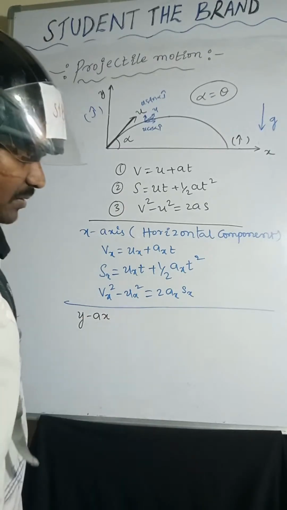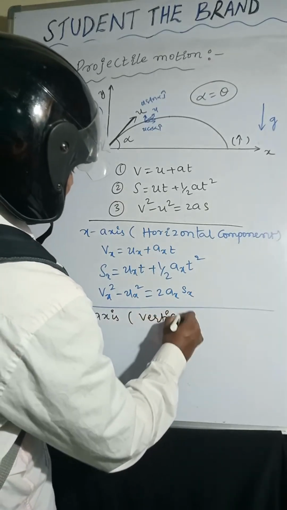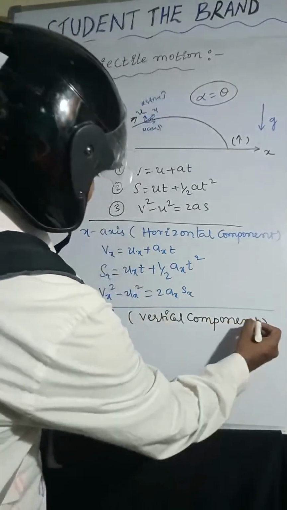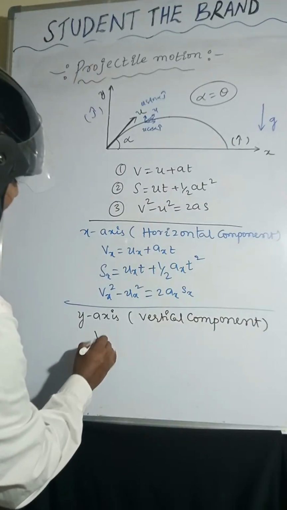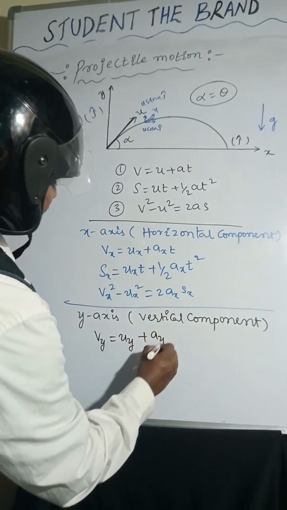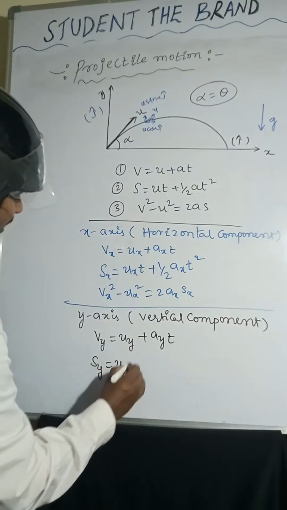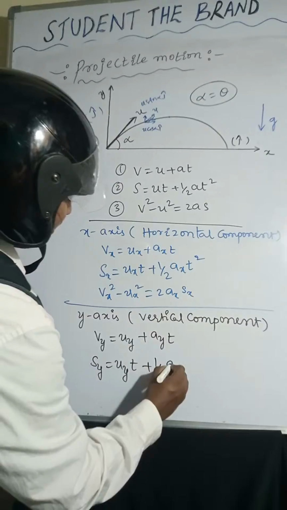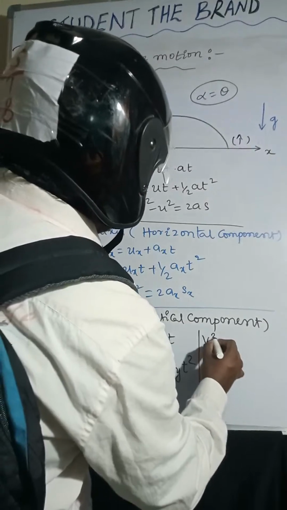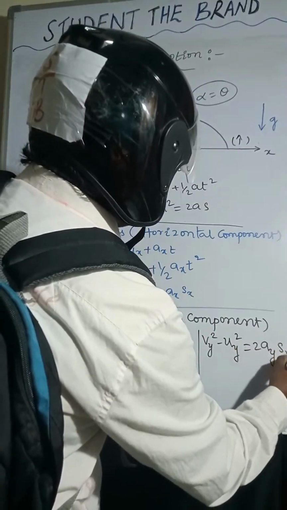Along the vertical component, vy equal to uy plus ay into t. Sy equal to uy into t plus half into ay into t square. Then vy whole square minus uy whole square equal to 2ay into sy.